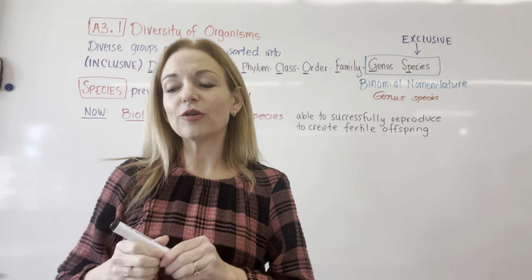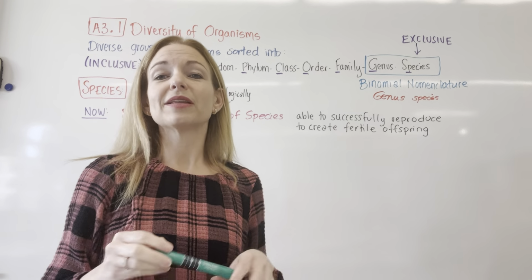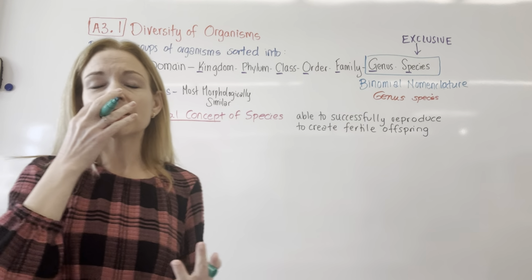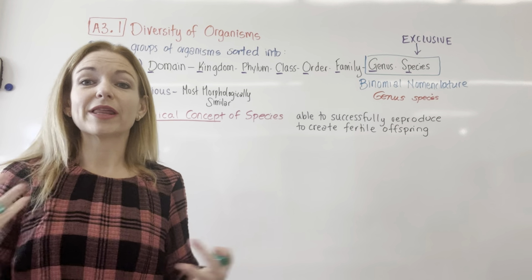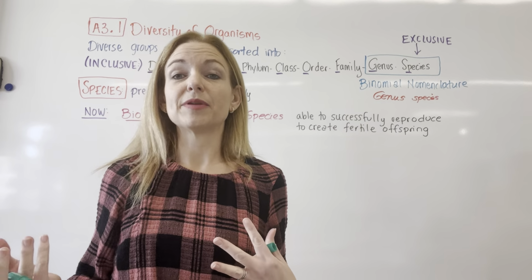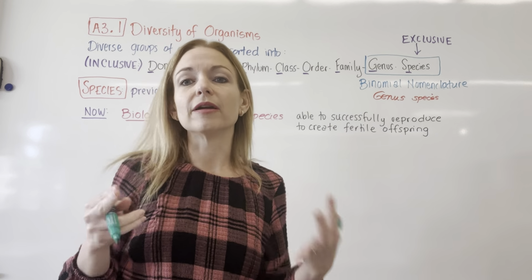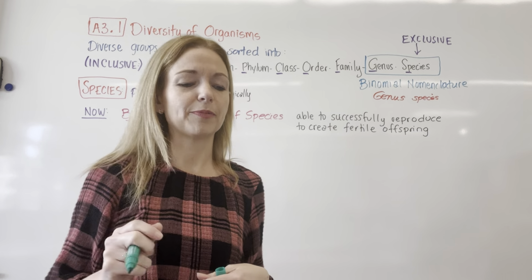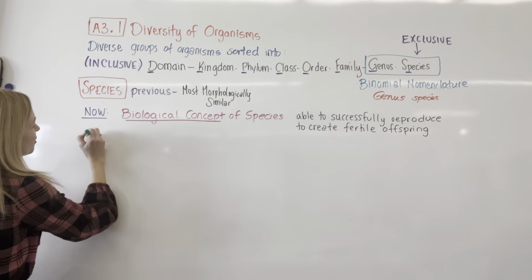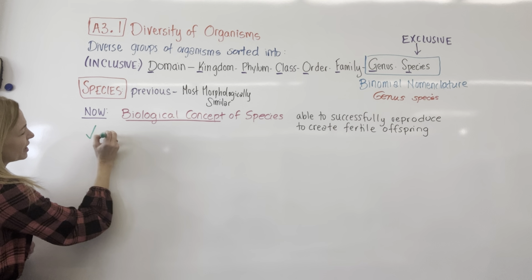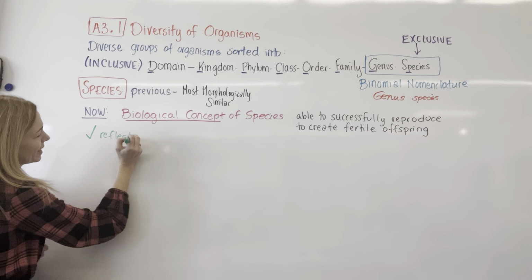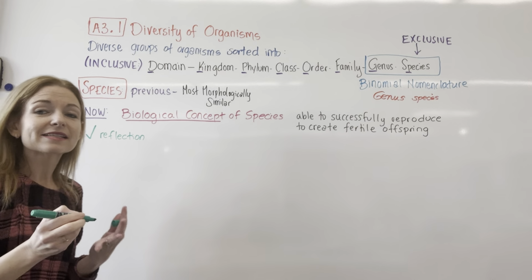So let's talk a little bit about the benefits but also limitations of this as a concept. We can look right away and say, oh, that's good because it's not as subjective, so we can actually have a test for it. So rather than just similar enough or not, we can say able to successfully reproduce or not. The other benefit of this is that it is a reflection of what we now understand is genetic similarity.